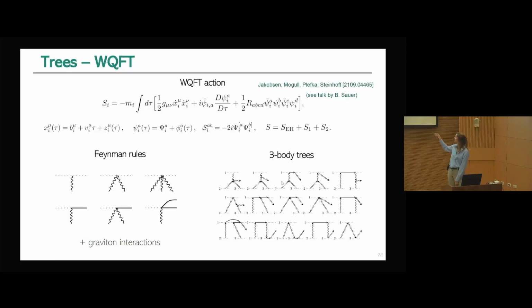And from Feynman rules, we can then put together these 3-body trees that are the input into what we need to extract the waveform. So first of all, we have to do all permutations of 1, 2, and 3, and then identify always 2 of these background fields with each other. And this gives us directly analytic results for the waveform.